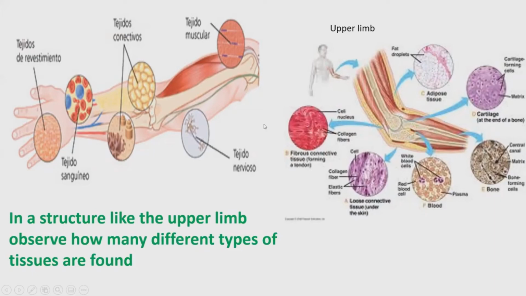Well, you can see here connective, muscle, nervous, epithelial, blood.